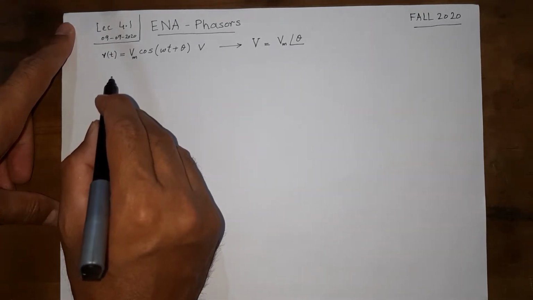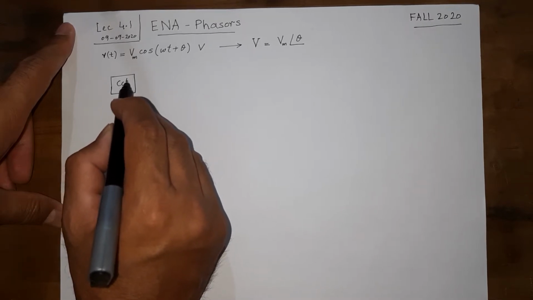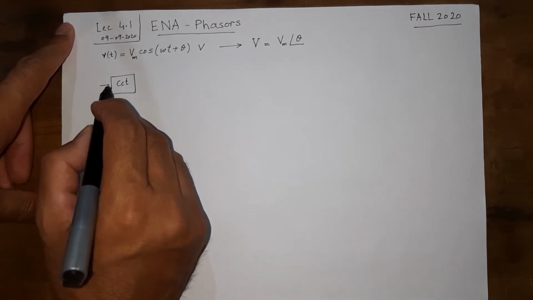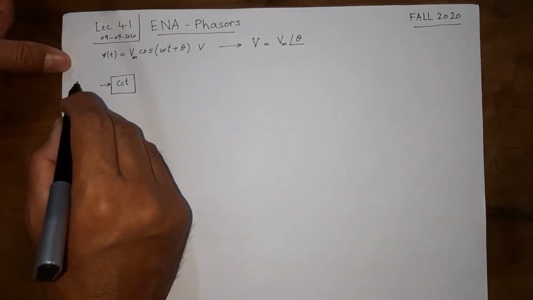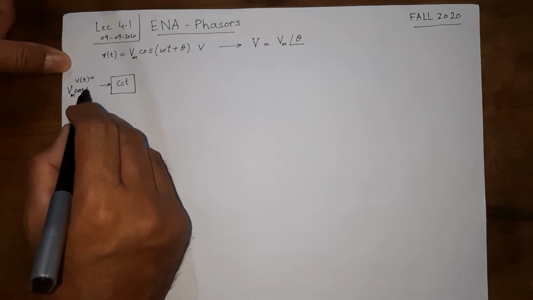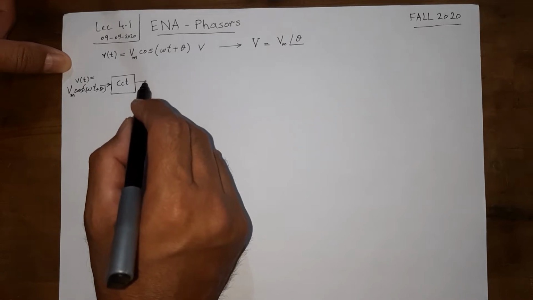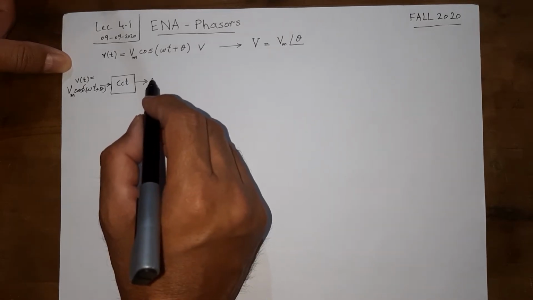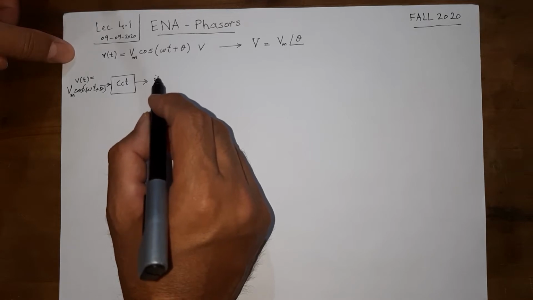So when we are given a system, a linear circuit with a sinusoidal input to be specific, of this form, and suppose the result that we are interested in is some current.